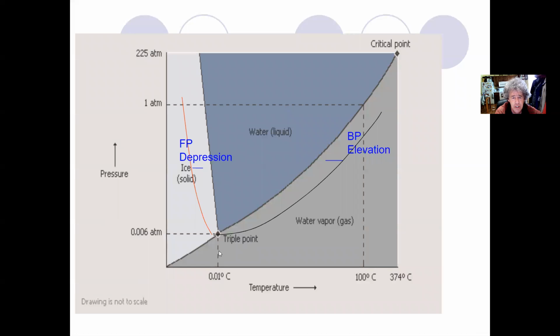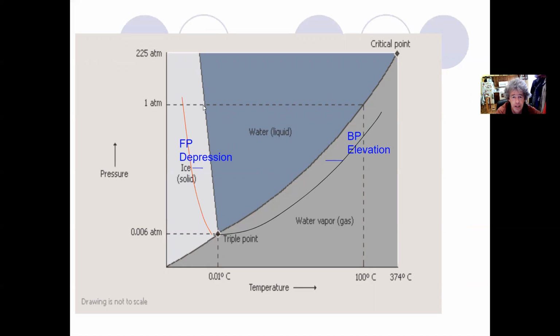Okay, the last one is just to show what happens when you have that boiling point elevation or freezing point depression. Essentially, the line for boiling point will shift to the right, which means it requires a higher temperature to boil. So if you imagine normal conditions, it boils here. But if you put a lot of solute in, it would have to get all the way out to there to boil.